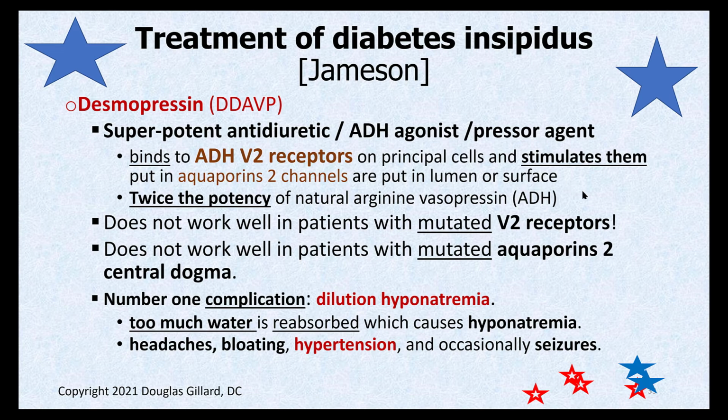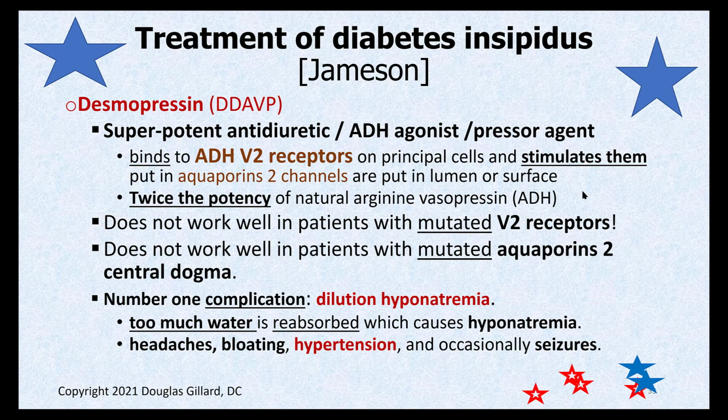So this desmopressin will bind to the V2 receptors, just like ADH, only it super stimulates them way more than normal, makes them very excited. And therefore they really crank out aquaporin 2 channels. It's got twice the potency of normal ADH.